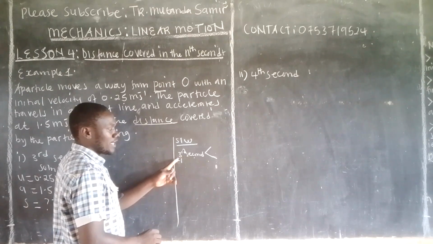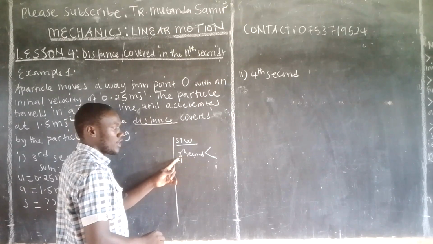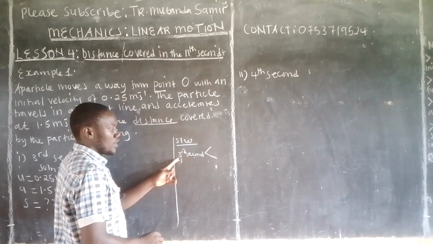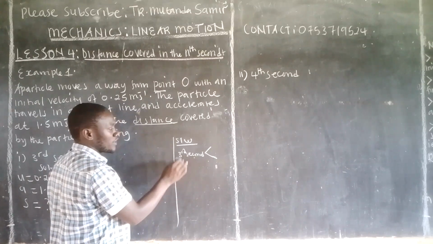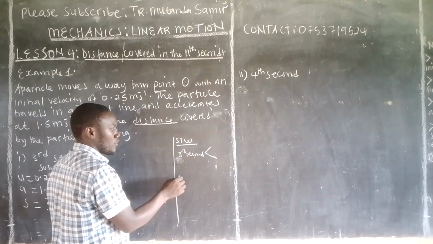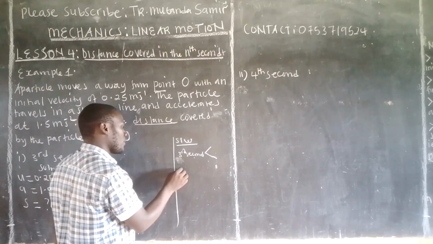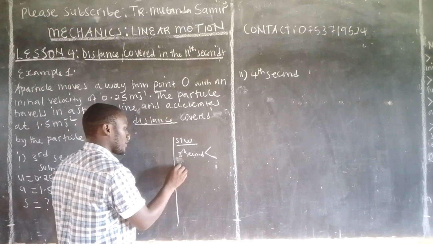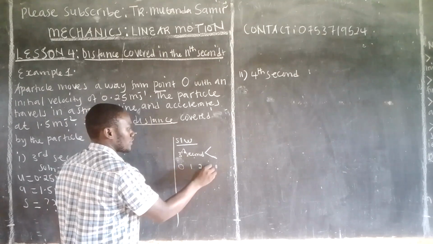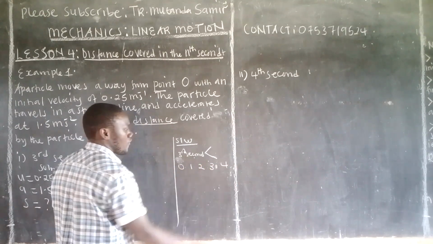When you're considering a plus 1, let's use, for example, 0, 1, 2, 3, 4, like that.